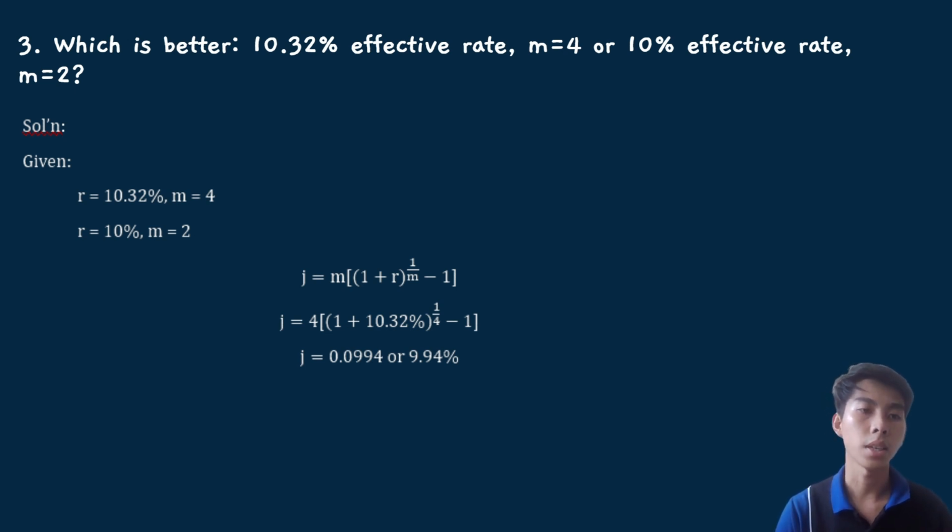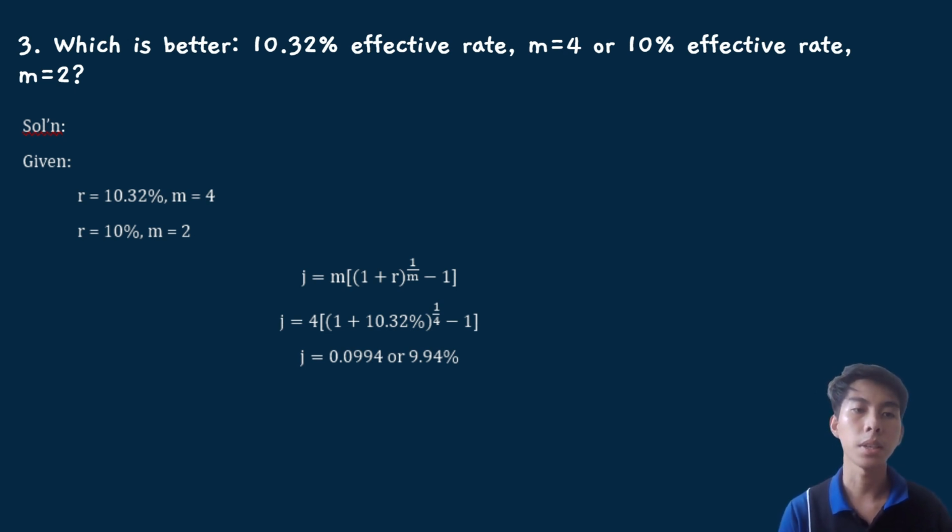Then for our second given, we have R equals 10% and M is 2, or it is compounded every 6 months a year. So we have here the formula in finding our nominal rate: J equals M times the quantity of 1 plus R raised to 1 over M, minus 1.